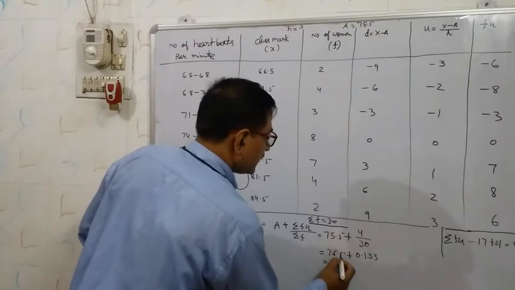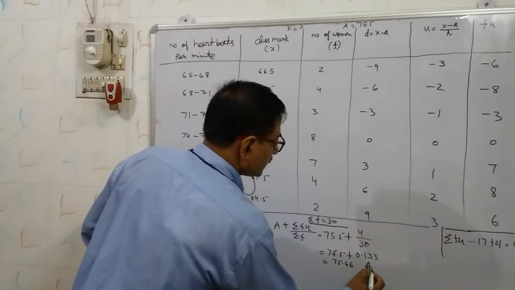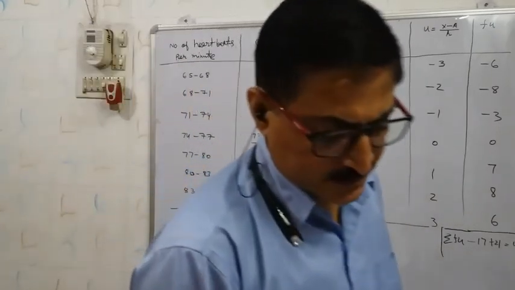Then we can add it: 75.5 plus 0.13 will come 75.66. That is your answer, 75.66.